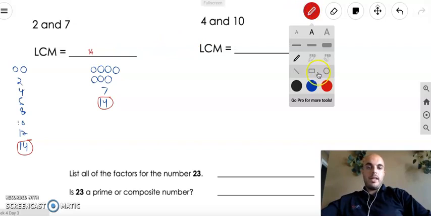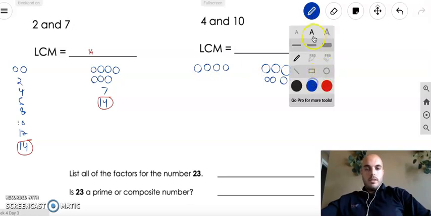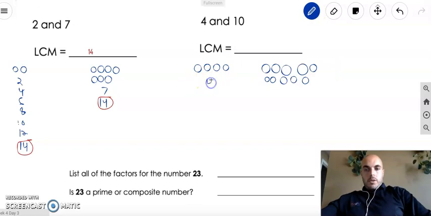Now let's look at 4 and 10. Same method. So I have 1, 2, 3, 4. 1, 2, 3, 4, 5, 6, 7, 8, 9, 10. Not the prettiest leaves, but they'll work. 4, 8, 12.